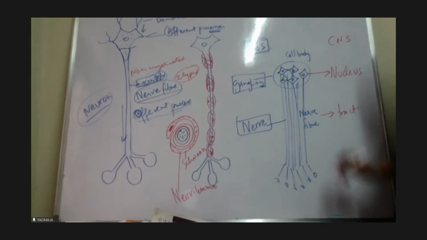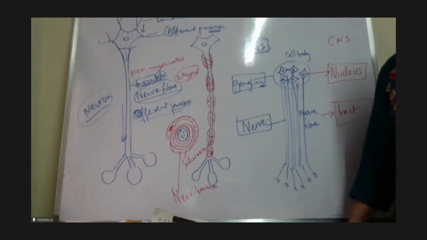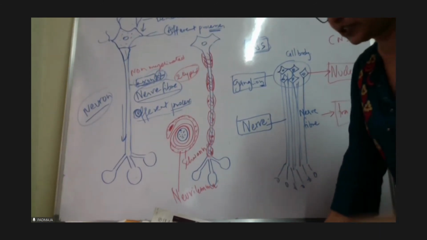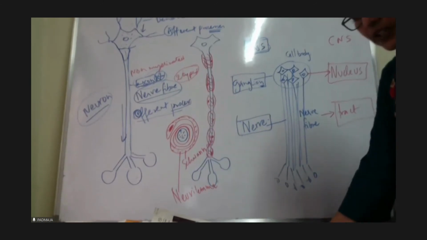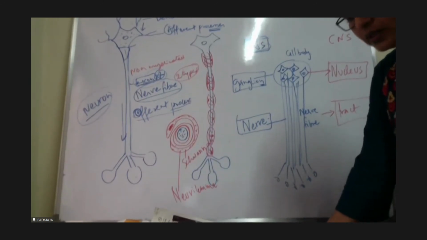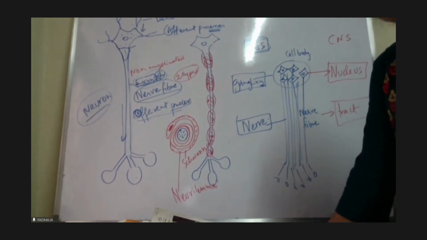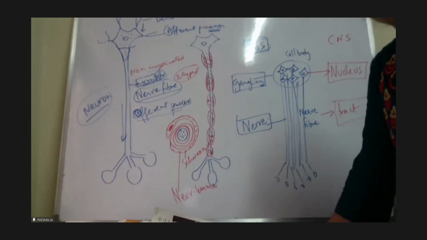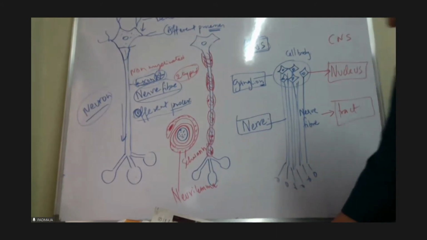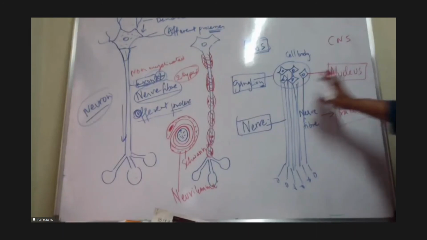So be careful with this terminology, because in this lesson we are going to study the structure of the brain, spinal cord, the 12 pairs of cranial nerves, spinal nerves, the autonomic nervous system, both sympathetic and parasympathetic, then eyeball structure, ear structure, and skin receptors. It is a big lesson, so you should have a clear idea about all these terms.